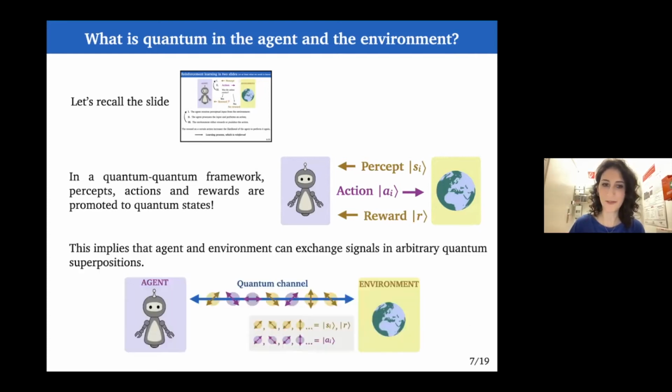It means that, since they are quantum states, they can be in arbitrary quantum superpositions. And if you allow agent and environment to communicate using a quantum channel, then agent and environment can exchange these signals in a quantum superposition. So the action is not just outputting a certain action, but the environment will have access to a quantum superposition of actions, for example. This is the main idea behind this fully quantized reinforcement learning framework.